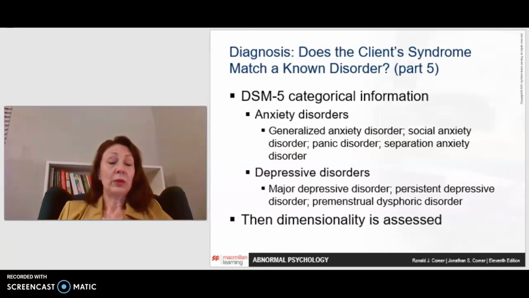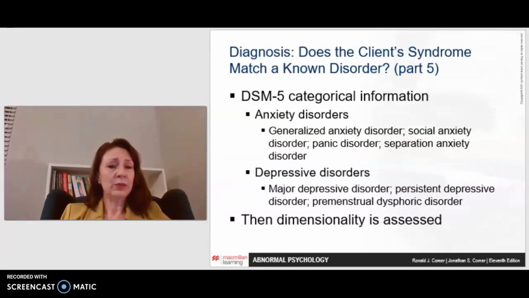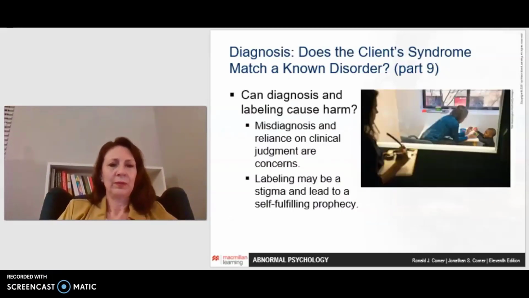DSM-5 categorical information, for example, may include anxiety disorders or depressive disorders, and you can see lots of subcategories underneath those. So we would choose the one that is correct, or more than one, and then we would assess dimensionality or severity.